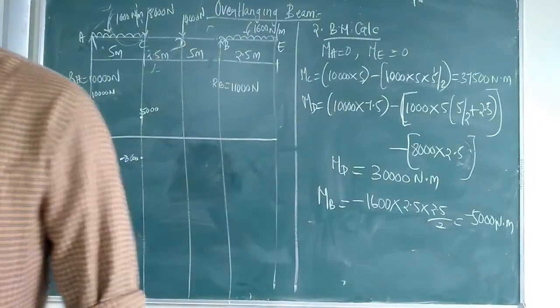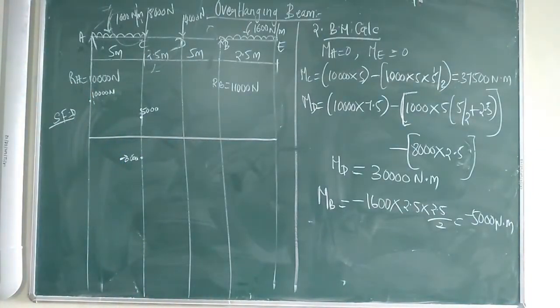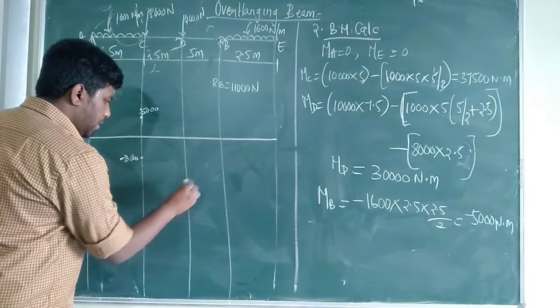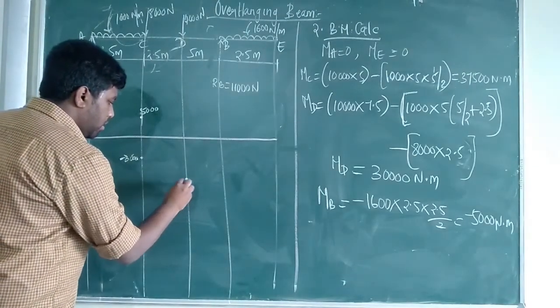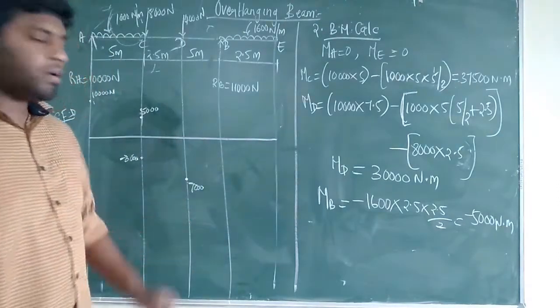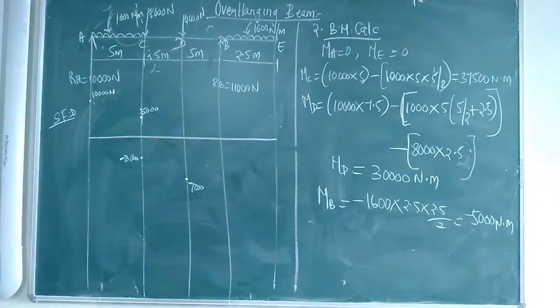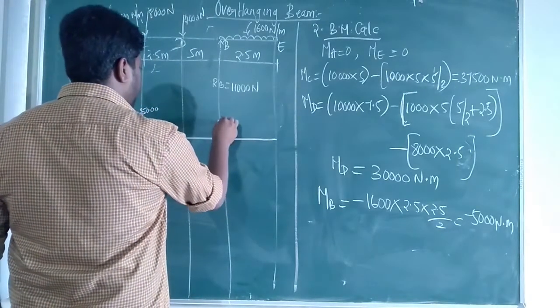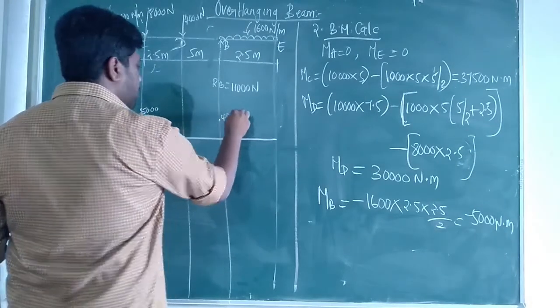Next one, your force at D is nothing but minus 7,000. Minus 7,000 is below, marking somewhere here. Next one, your force at D is nothing but plus 4,000, above the baseline. So it will be somewhere here.